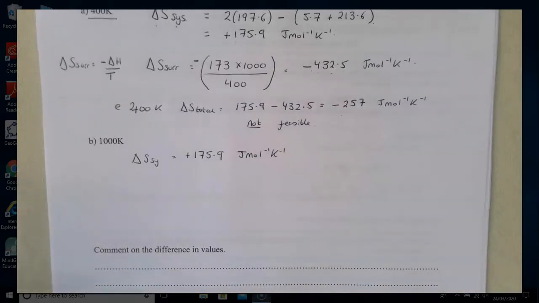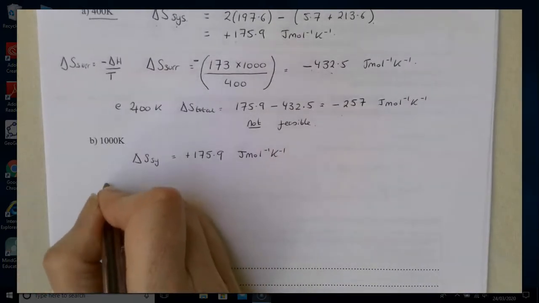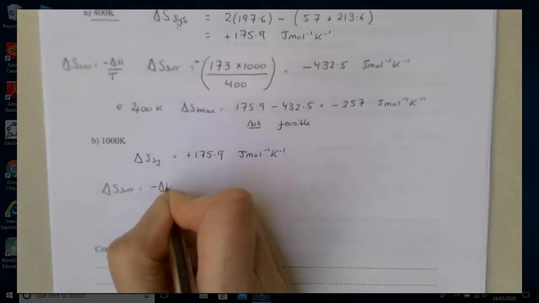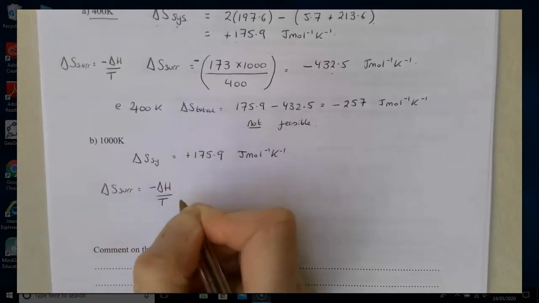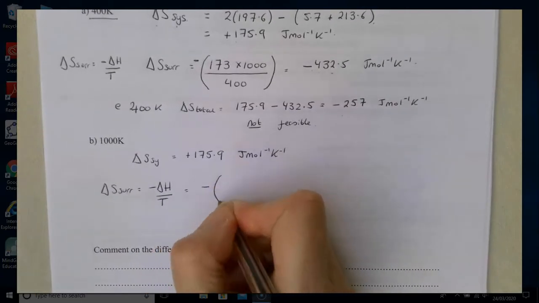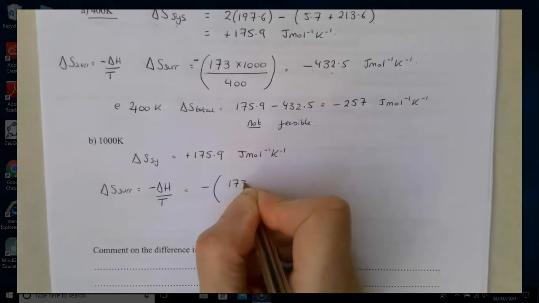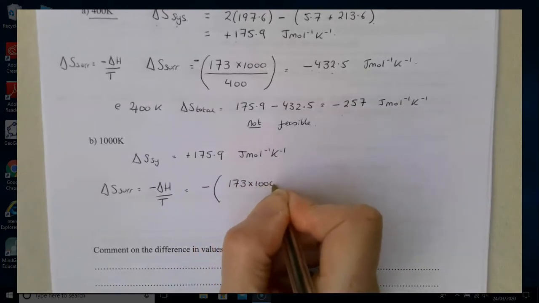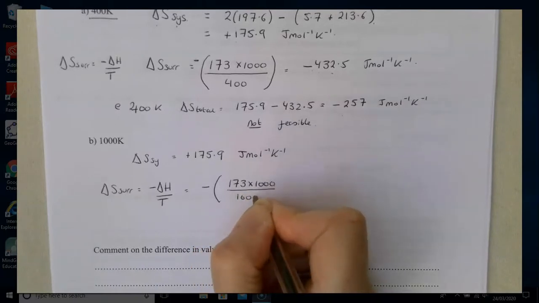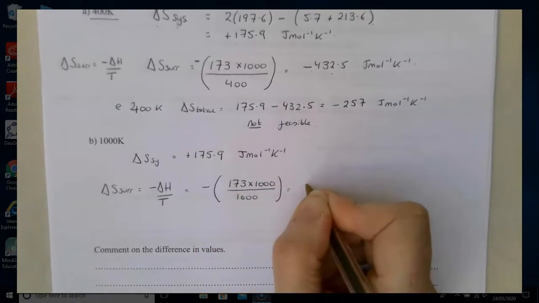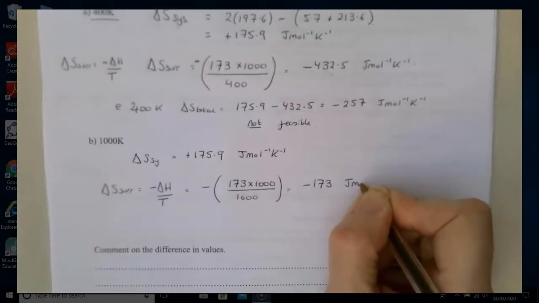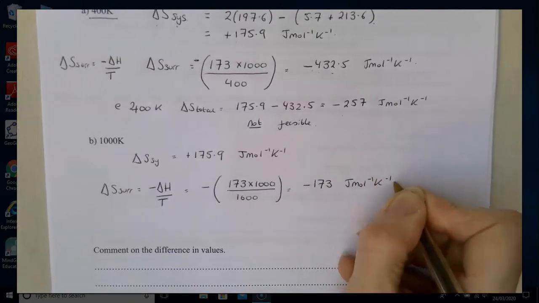The value that is going to change definitely is my delta S surroundings, and that is minus delta H over T. So again, I've got minus 173 times by 1,000, but this time it's also divided by 1,000. So my answer is minus 173 joules per mole per Kelvin.